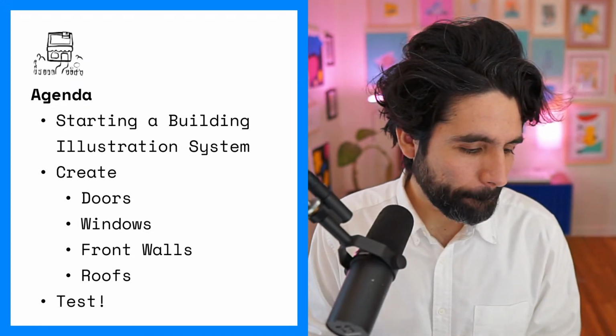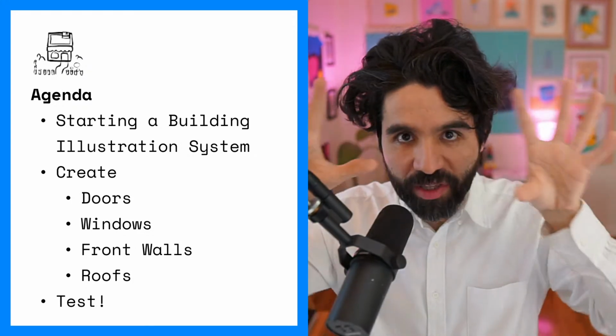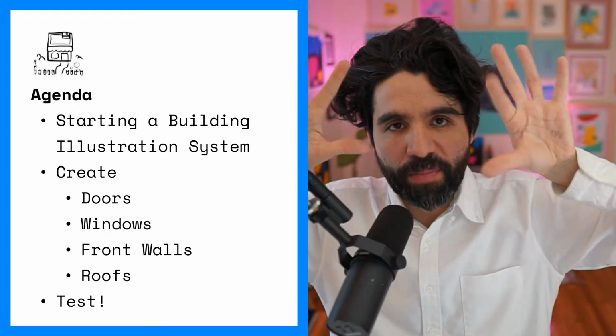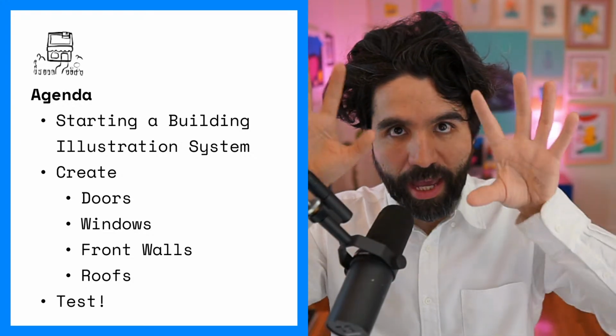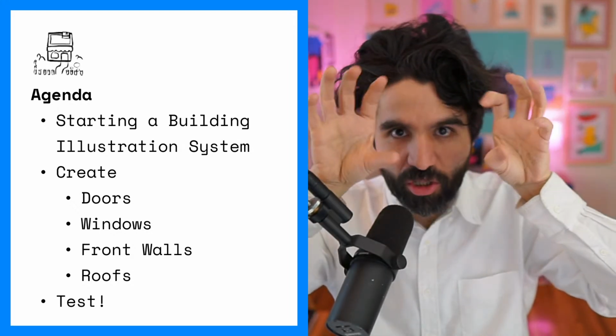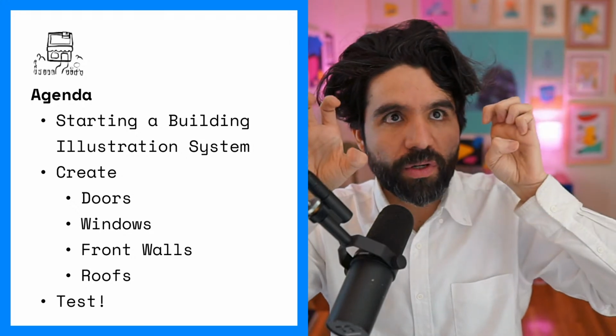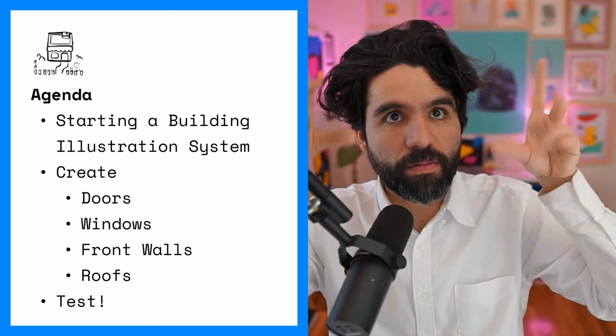So yeah, I like first thinking of the big picture and how the buildings are going to work, and then go into the little details, just the basic MVP details that we're going to need to start building the buildings.